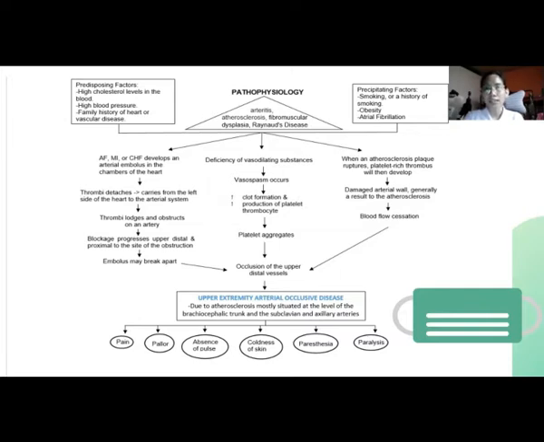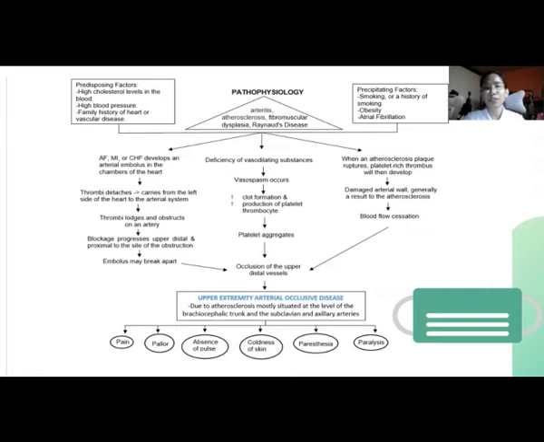Another is when an atherosclerotic plaque ruptures, a platelet-rich thrombus will then develop, and this will damage the arterial wall, generally a result of the atherosclerosis, wherein there will be blood flow cessation, occluding the upper distal vessels and leading to the upper extremity arterial occlusive disease.